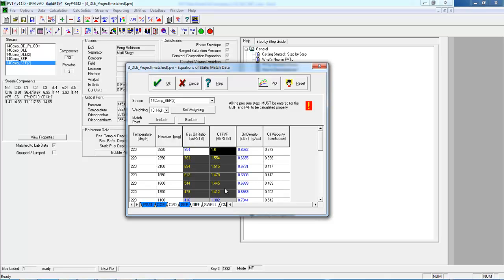And from the Y function, you will tell if the relative volume at pressure below saturation pressure is okay or not. How do you know that? Because in the Y function we plot a straight line with several points.